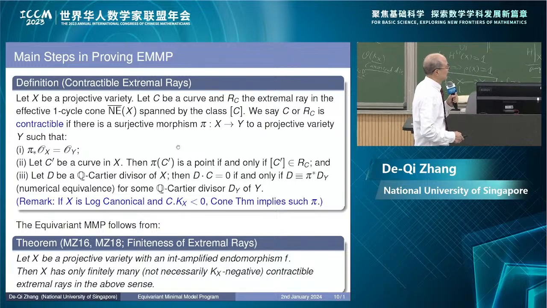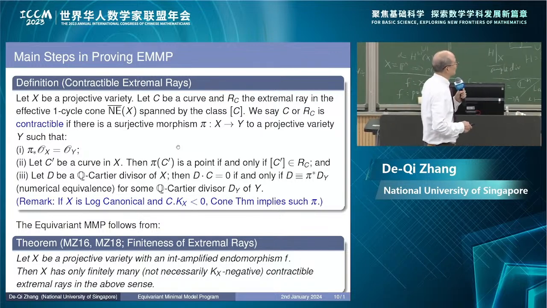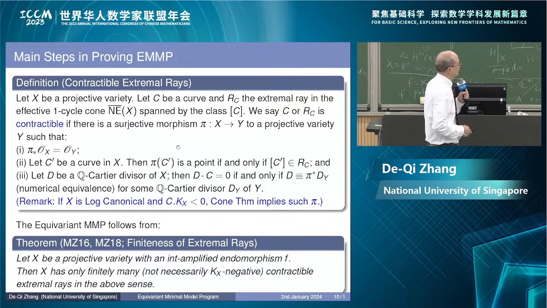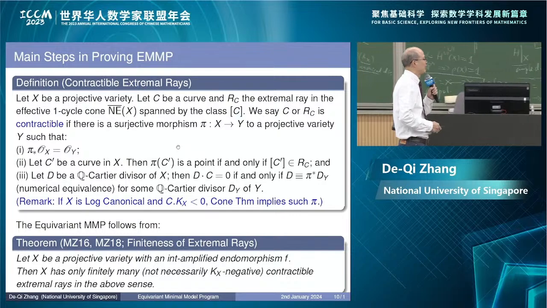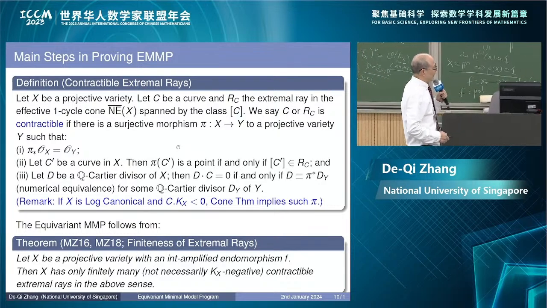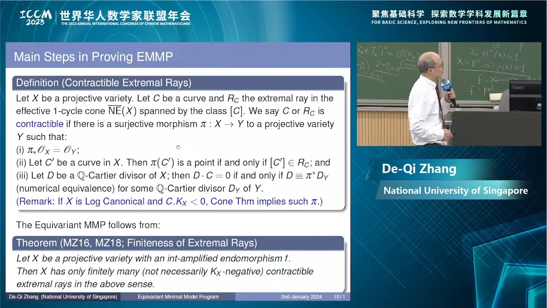With this C, we have this pi. The theorem is saying that for this kind of contractible class C, you only have finitely many, under the assumption that F is an endomorphism which is int-amplified. So you only have finitely many such contractible curves. You don't care whether it's K-negative or not. Hence, if you iterate this endomorphism F, then F will permute these contractible classes.